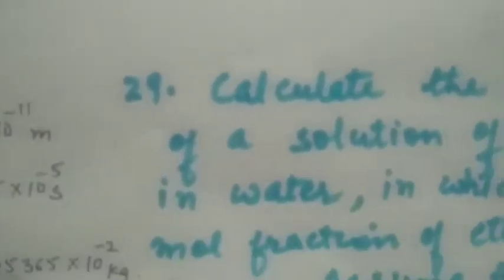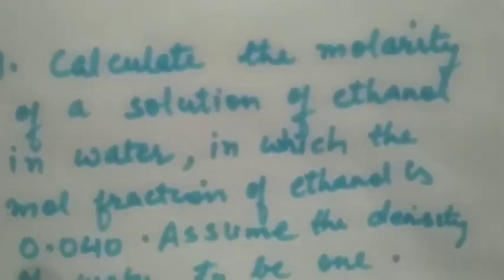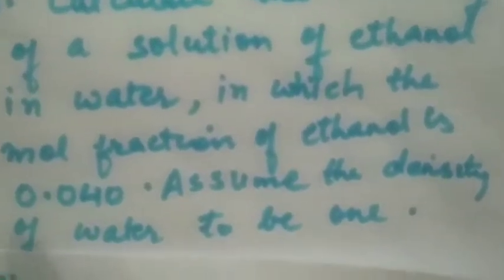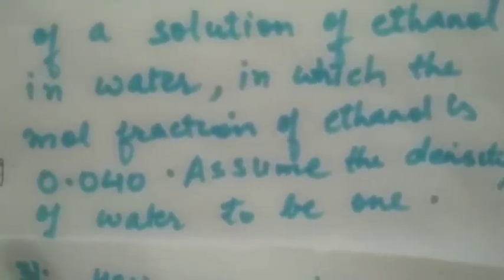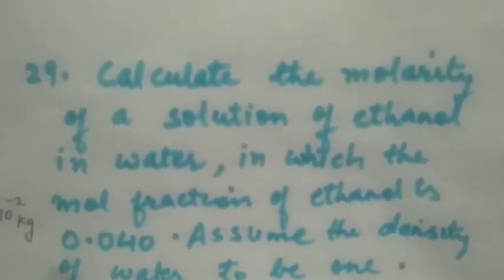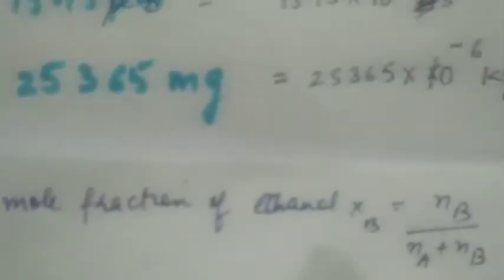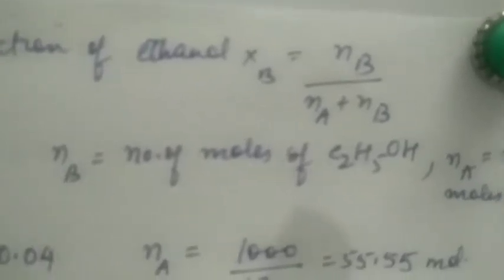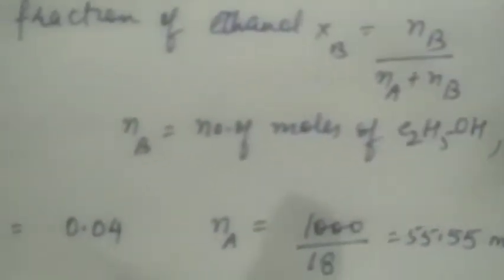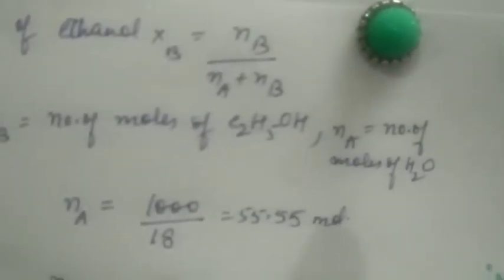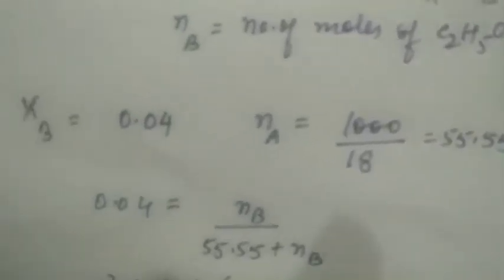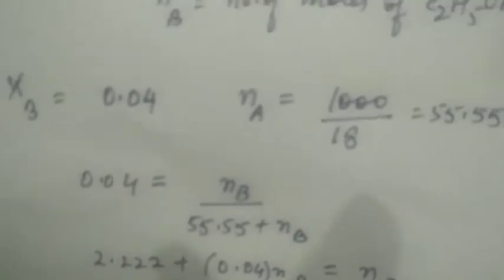atoms. Calculate the molarity of a solution of ethanol in water in which mole fraction of ethanol is 0.040. Assume the density of water to be 1. So mole fraction XB will be number of moles of B upon total number of moles. Now number of moles of ethanol is given, 0.04.